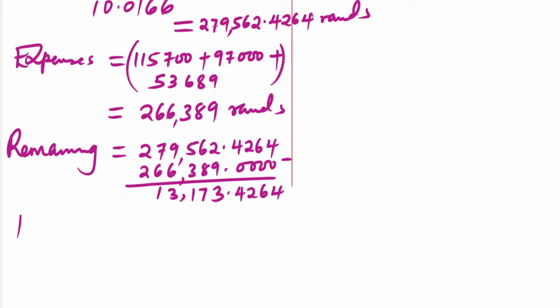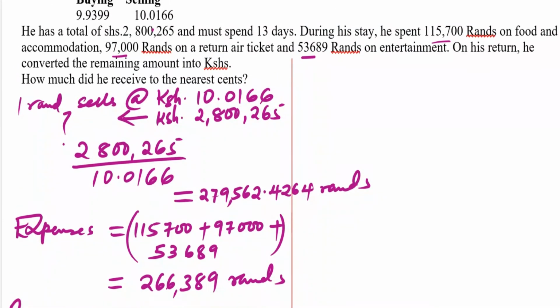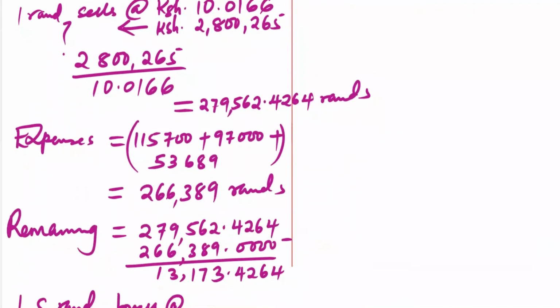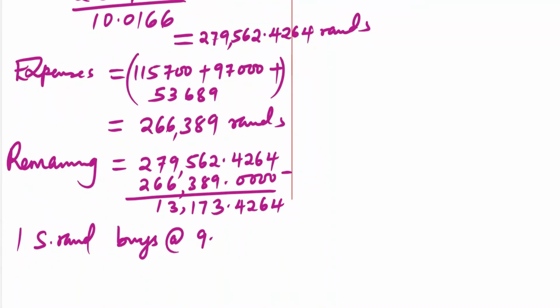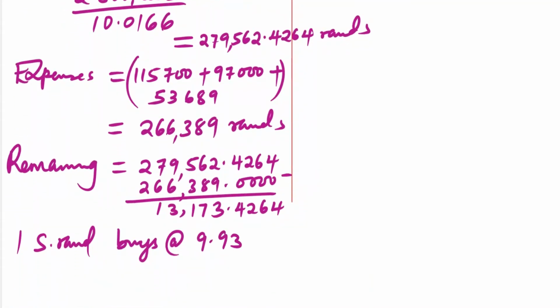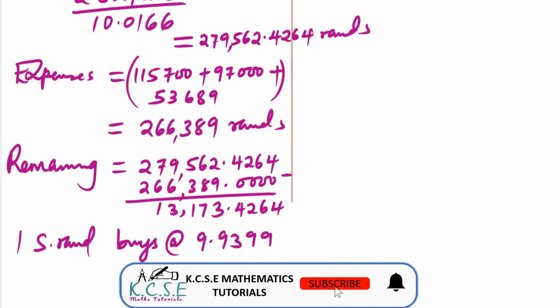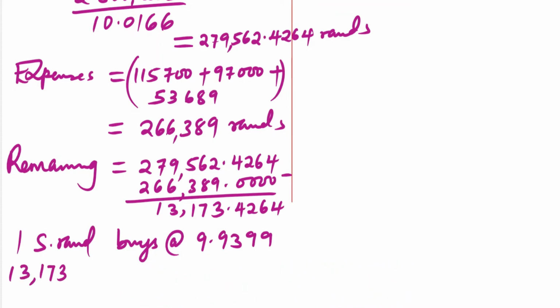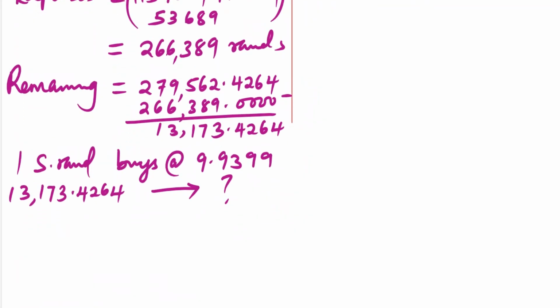So 1 South African rand buys at 9.9399 Kenyan shillings. What about these rands? That is 13,173.4264 rands. When we buy, what amount of Kenyan shillings are we going to get?